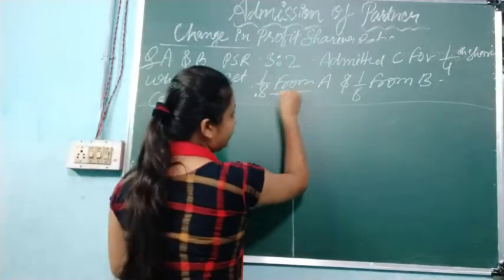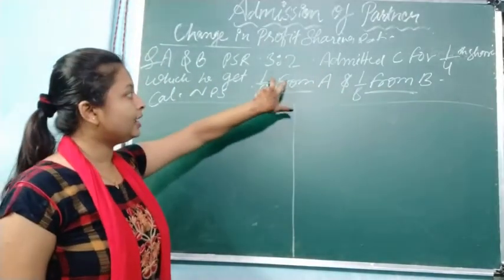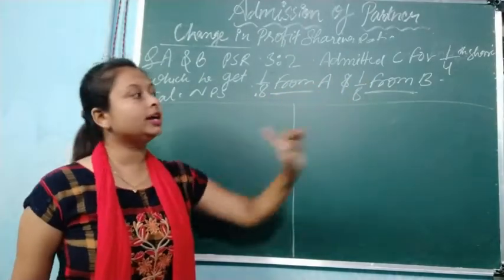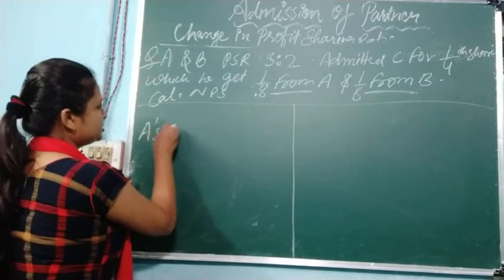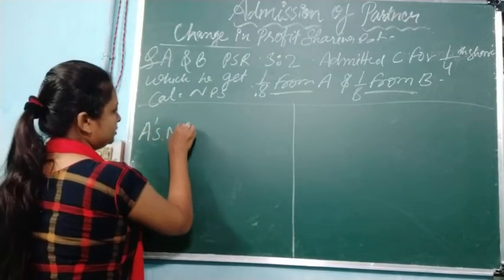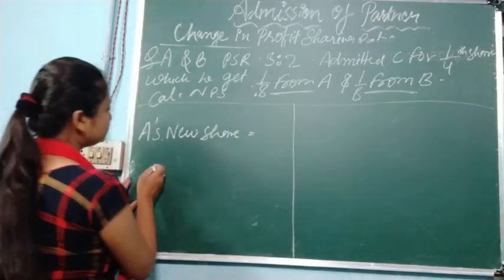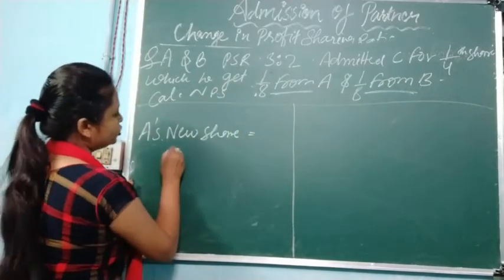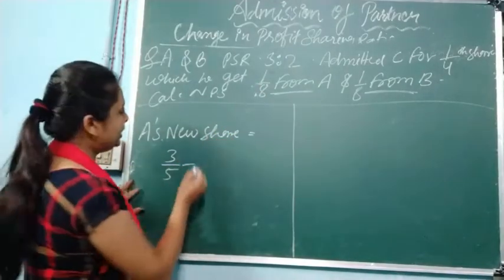It is directly written, from whom will C get the 1/8 share? A. And 1/8 from whom? B. So what will be the new ratio? So A's new share, what will it be? Already the share was 3/5, and now he is going to provide 1/8.